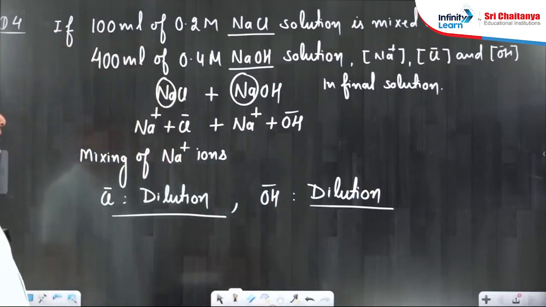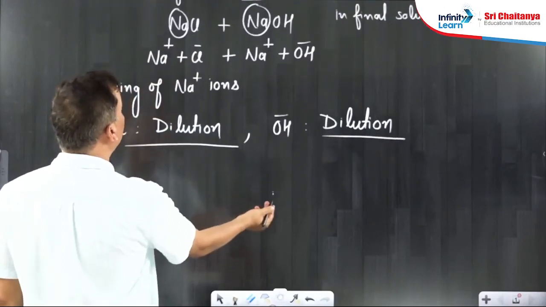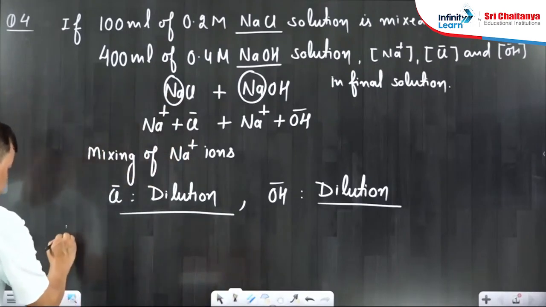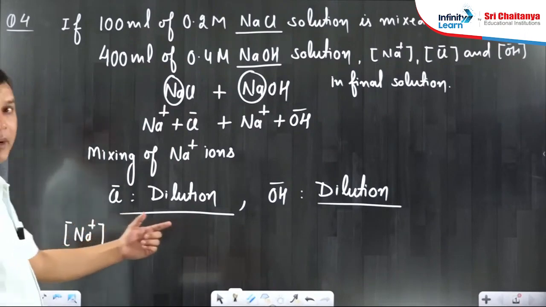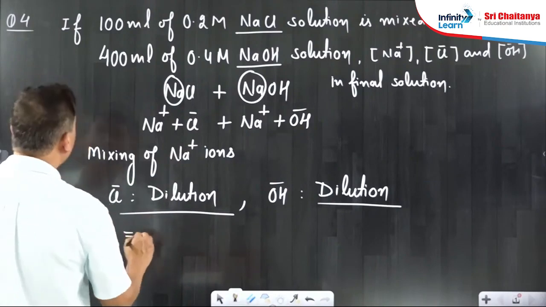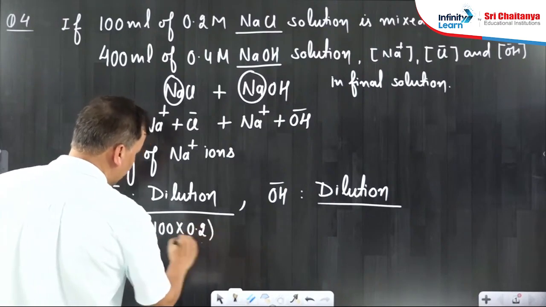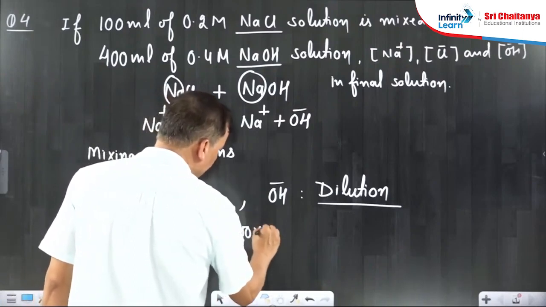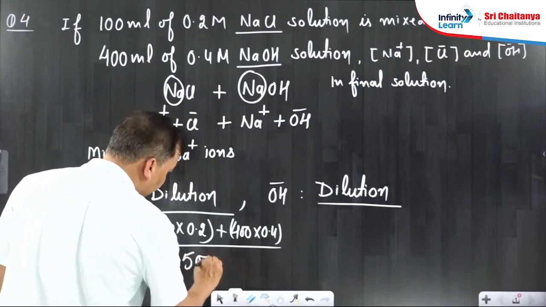So dear student, when we have to find the molar concentration of sodium ion, I am writing molar concentration of Na positive. For sodium we will apply addition, that is equal to 100 into 0.2 plus 400 into 0.4, and total volume is 500 ml.